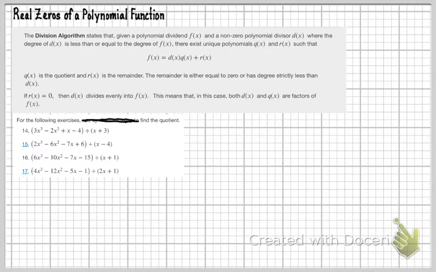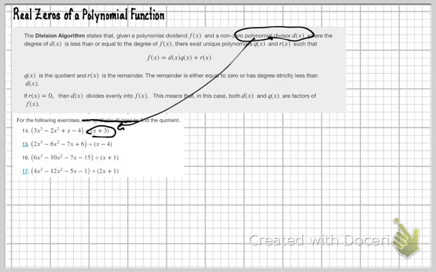Okay, so anyways, I'm just going to take this first one. This right here, 3x cubed minus 2x squared plus x minus 4, that's going to be my dividend. And this d(x) here, the polynomial divisor, that's this number here.